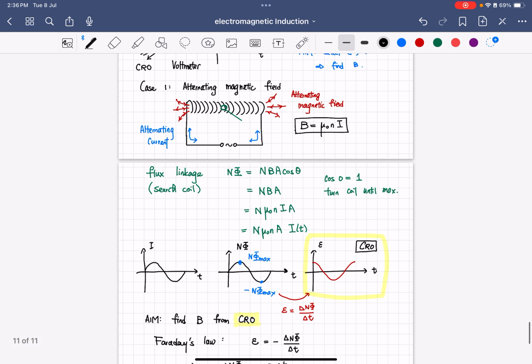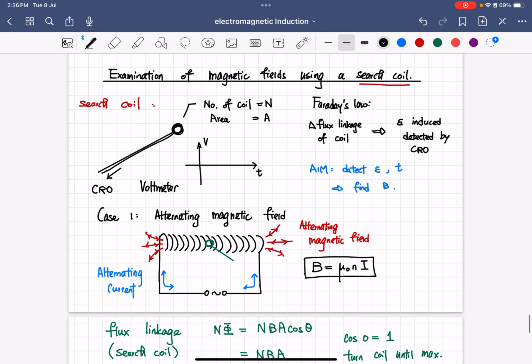Now, there is another situation, case 2, we need to study. When the field is not an alternating magnetic field, but a constant magnetic field.